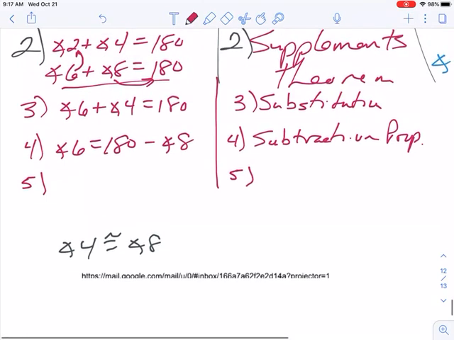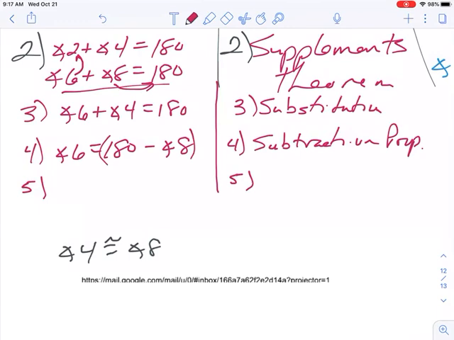Then I want to sub this into here. So I'm going to have 180 minus angle 8 plus angle 4 equals 180. That's substitution.